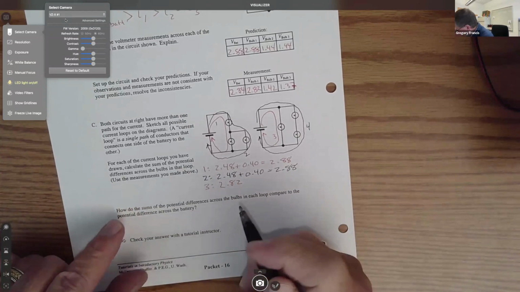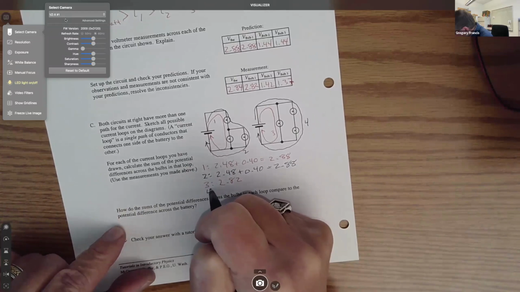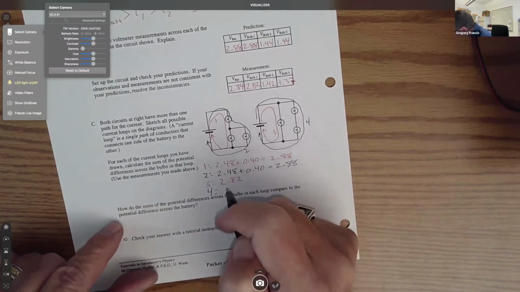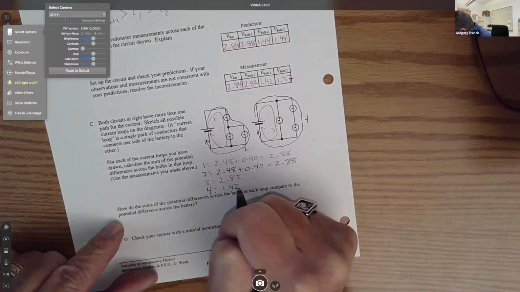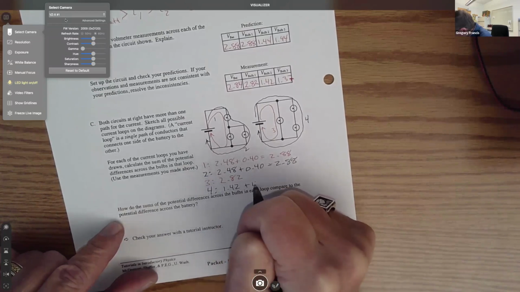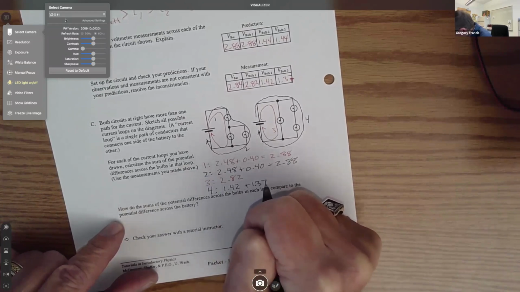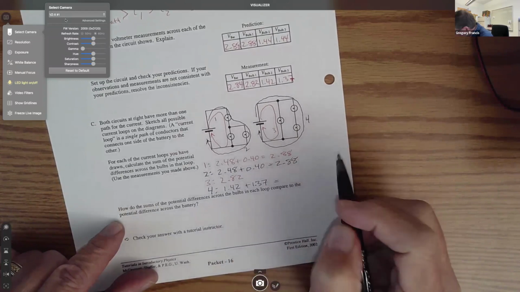For path 4, we have 1.42 plus 1.37, and that's going to equal 2.79.